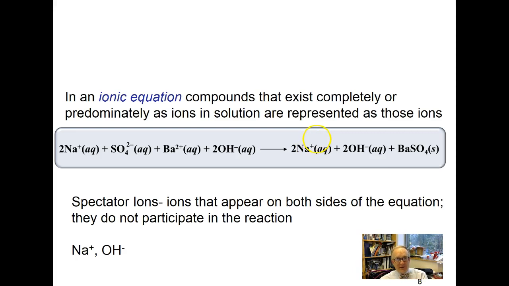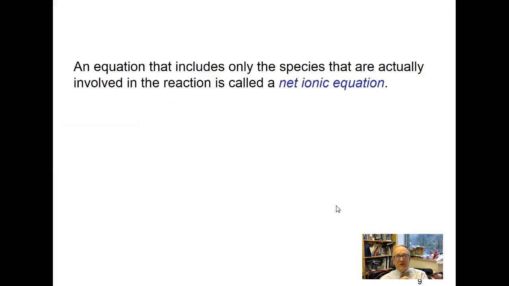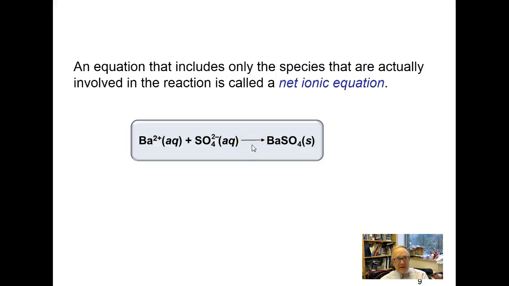So we cross those out and then write the net ionic equation. It only shows those species that are actually involved in the reaction. And so it's barium 2+ aqueous plus sulfate aqueous makes barium sulfate, a solid. And that's the net ionic equation.